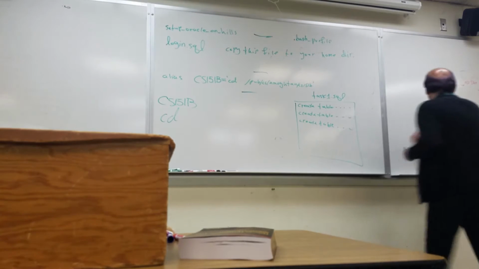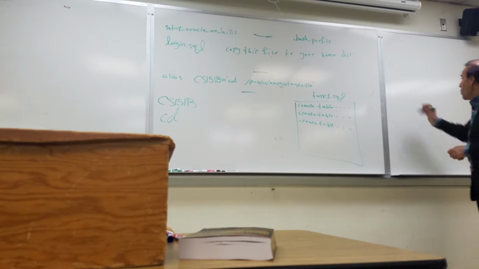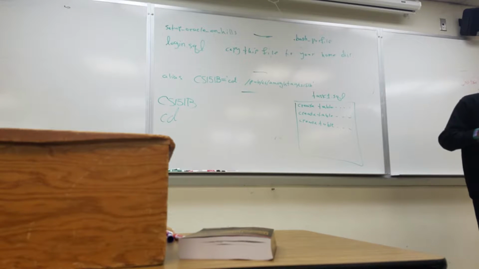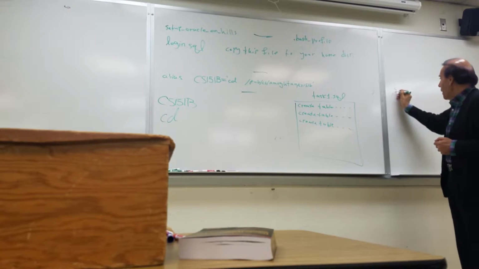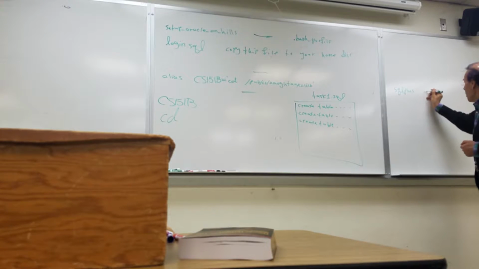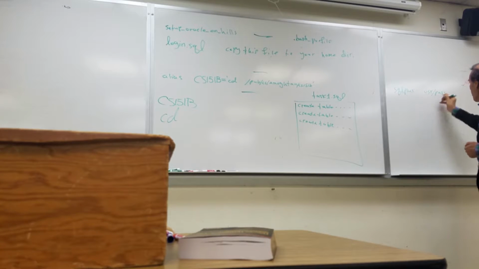One way is you do like that. You log into, actually you could do like that. sqlplus user password, user and password, followed by space, followed by task1. .sql is optional.